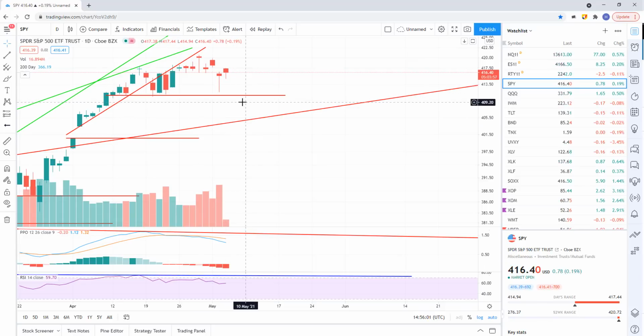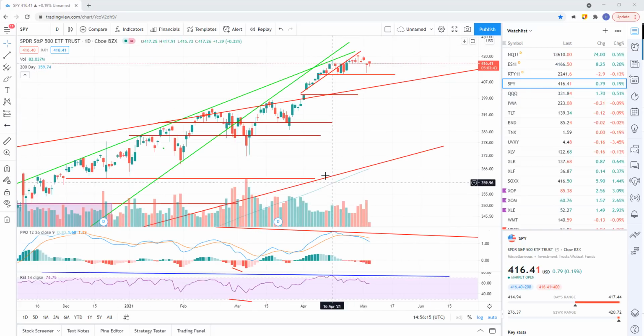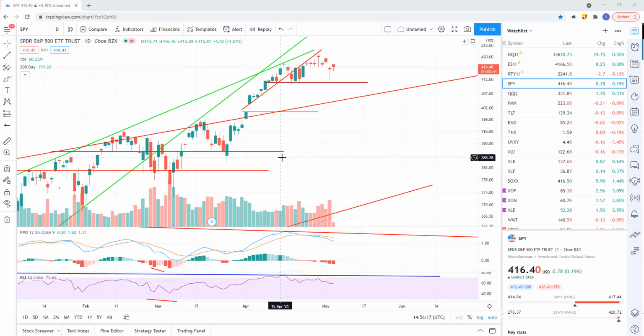Look for a break of that. And if you don't get the break of that, then we might just have a small little sell-off in Qs, and that might be all there is. This is very similar to what happened last time, that there was a fear of interest rates rising. The Qs sold off about 12%, and the SPY really didn't move down that much. I think it moved down 3, 4, maybe 5%.